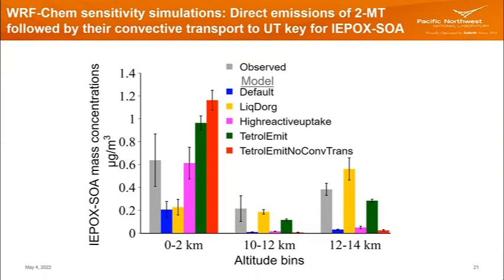So that is really saying that all these processes need to be considered: diffusion limitations in the organic shell, realistically treating relative humidity and particle liquid water, constraining the IPOX reactive uptake as much as you can, and deep convection along with methyl tetral emissions and isoprene emissions, of course, to get the right answers for the right reasons in the models. Very few models do this, because this took us more than a couple of years working through all these processes.